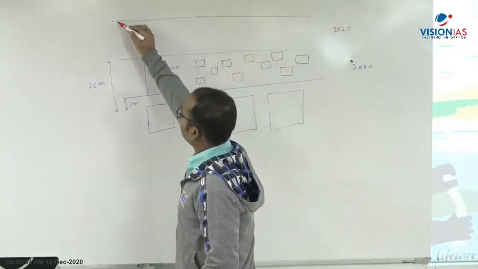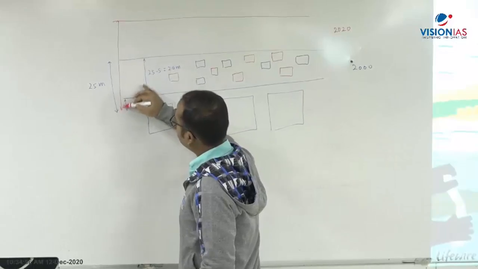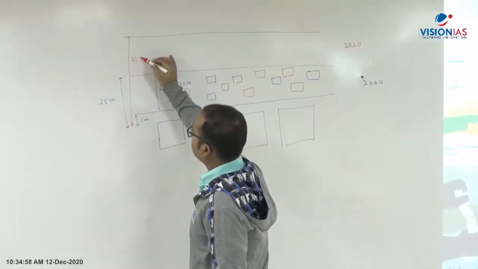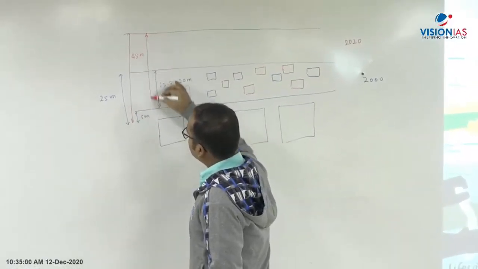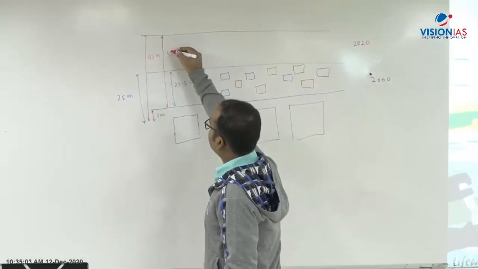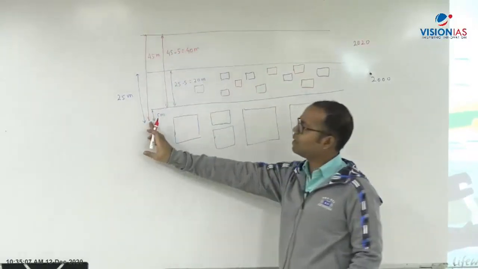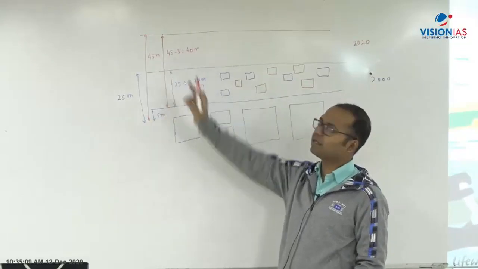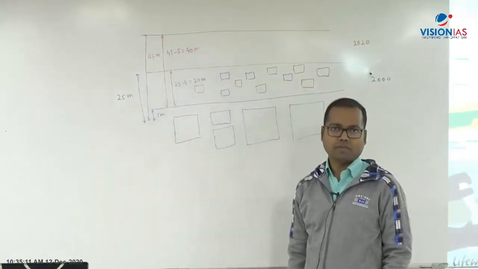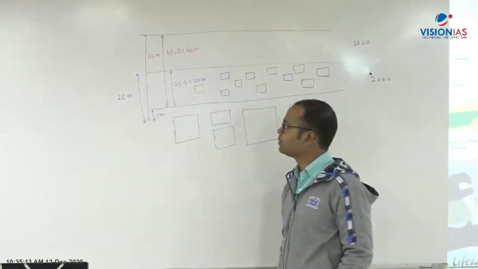So the other side of the road was taken at an offset of suppose 45 meter. So now what happened? The road length became 45 minus 5, 40 meter, 45 meter from here and 5 meter from here. So the net width of the road will be 40 meter.